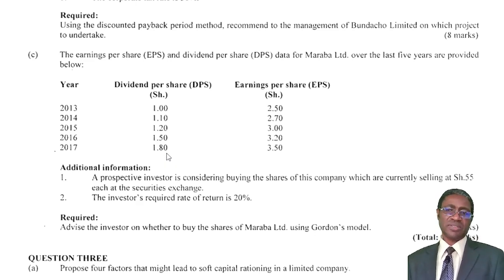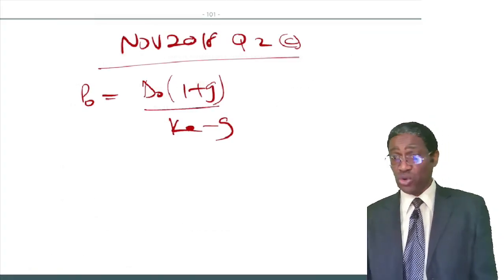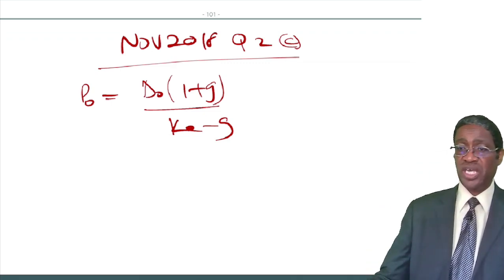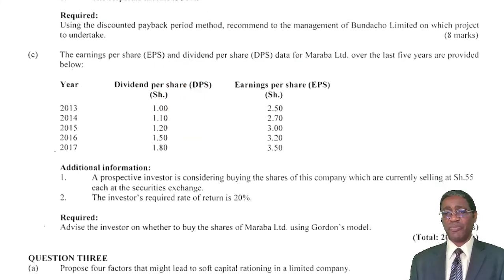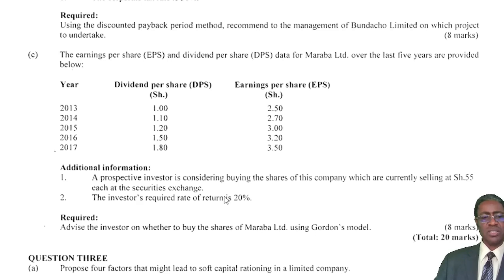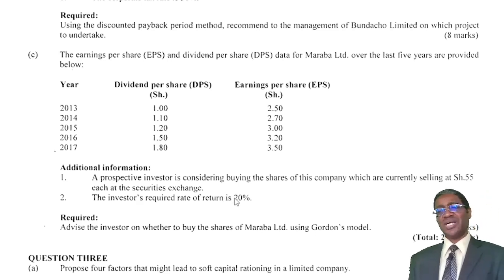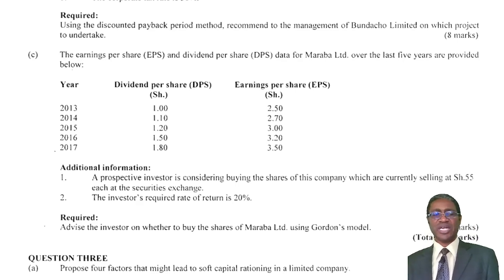What else don't we know? Do we know Ke, the cost of capital? Yes, note number 2 says that the investor's required rate of return is 20%. That represents the Ke. The only thing we don't know here is the growth rate.